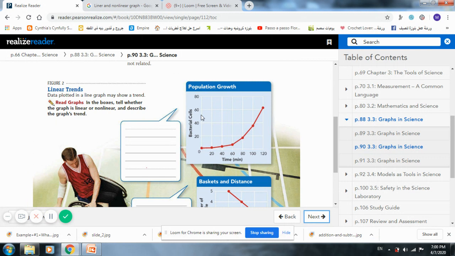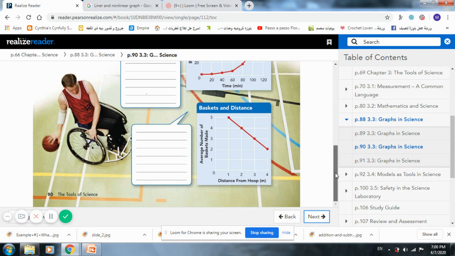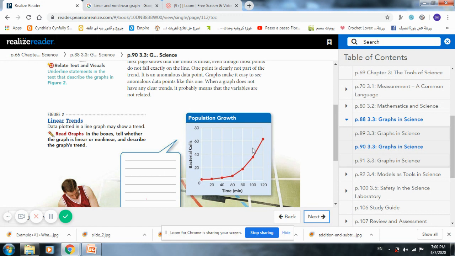Here, the nonlinear graph is about population growth. Population growth can be shown by a nonlinear graph: bacteria cells, population growth for humans, for bacteria, for animals, for anything. Here, for example, if I randomly take the point 120, which is time in minutes, the number of bacteria cells that grow is 61.